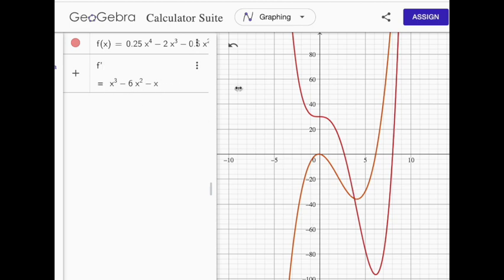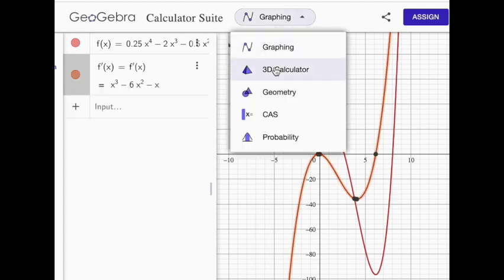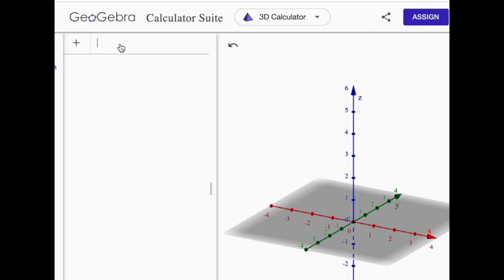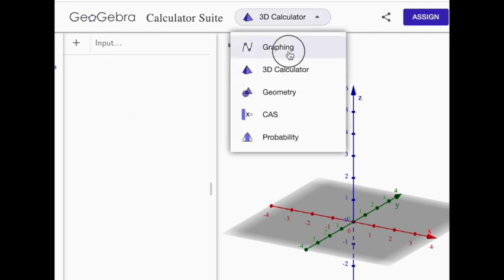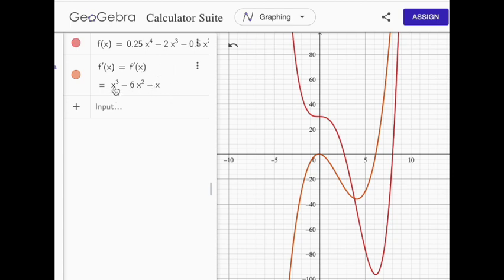If you have trouble with it only showing the graph and not showing the equation for you, one thing I have found is it's a little bit finicky when you're on just the regular graphing calculator. Sometimes this equation doesn't show up. But if you move to the 3D calculator and you put it in and you do the work here, for sure it will show up there. But I have seen where it's finicky and sometimes this equation doesn't pop up.